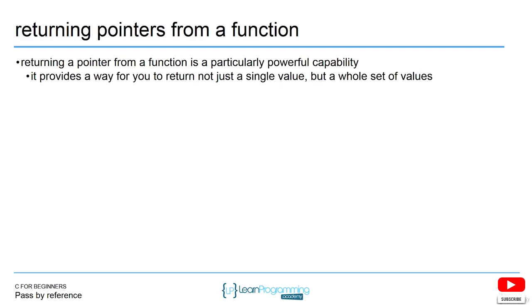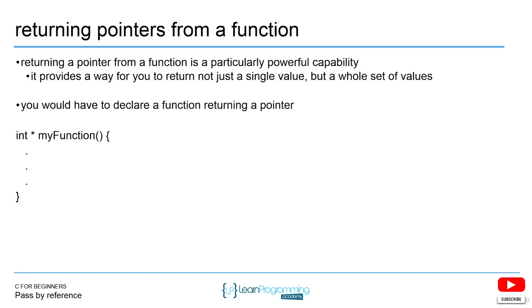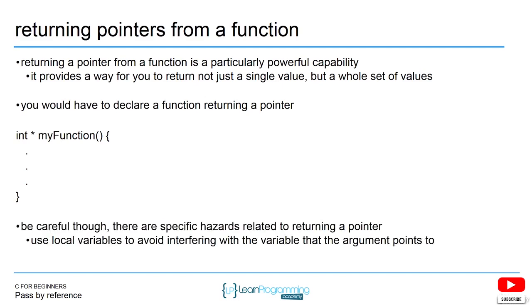So we know how to pass pointers to functions. Now we want to talk about returning pointers. You have to declare a function returning a pointer, so the function declaration has to match up. It's very easy to do that. You just use the asterisk when you declare or define the function, and have the return type be the type that the pointer is pointing to. So be careful though, there are specific hazards relating to returning a pointer.